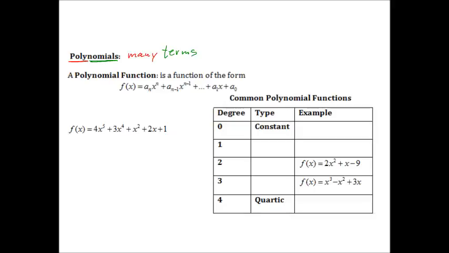There are two things that have to be true for us to be able to call an expression a polynomial. We can have no negative exponents, and we cannot divide by a variable.